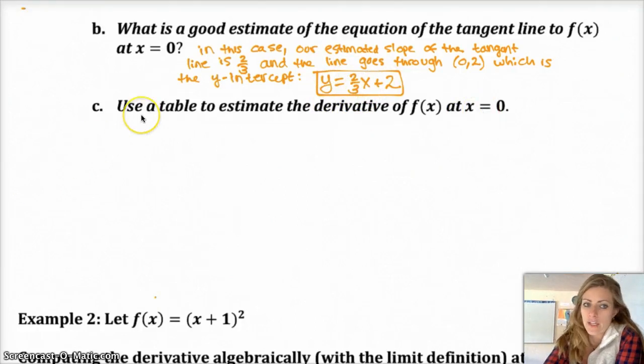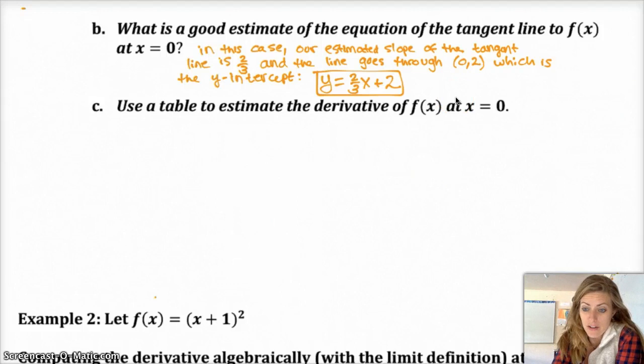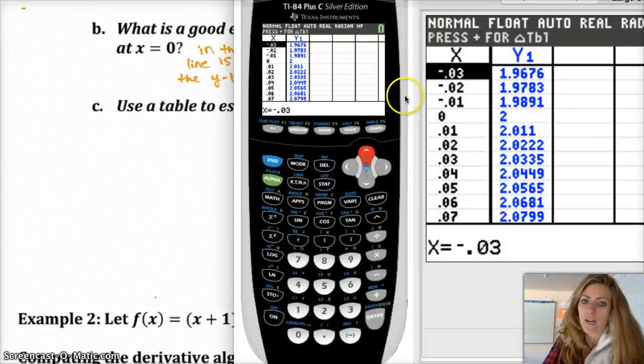And then you can also explore it using a table. What I would do is probably put it in my calculator and look at the table on the calculator. Here are my table values for 3 to the x plus 1.